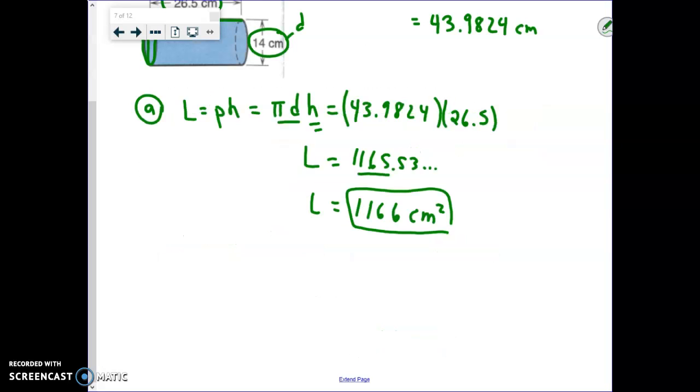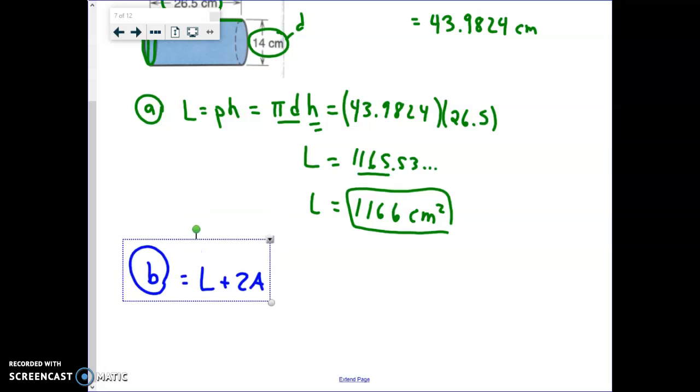B just says, now let's find the total surface area. Well, you just found your lateral area, you just add in the area of the two bases. So, ladies and gentlemen, I'm going to move that down a little bit so I don't run into the next problem. Okay? So, we already have the lateral area figured out. That was this right here. So all I need to do is figure out the area of the base.